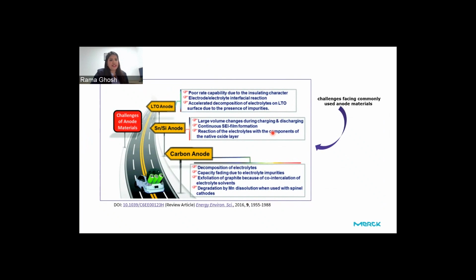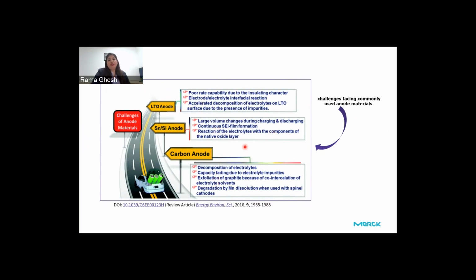A lot of study has already happened, largely on the intrinsic characteristics of the anode material. But as of now, many high performance anode materials have been used to fabricate batteries. Among them, these three: LTO, lithium titanate anode, tin zinc silicon anode, and carbon anode.